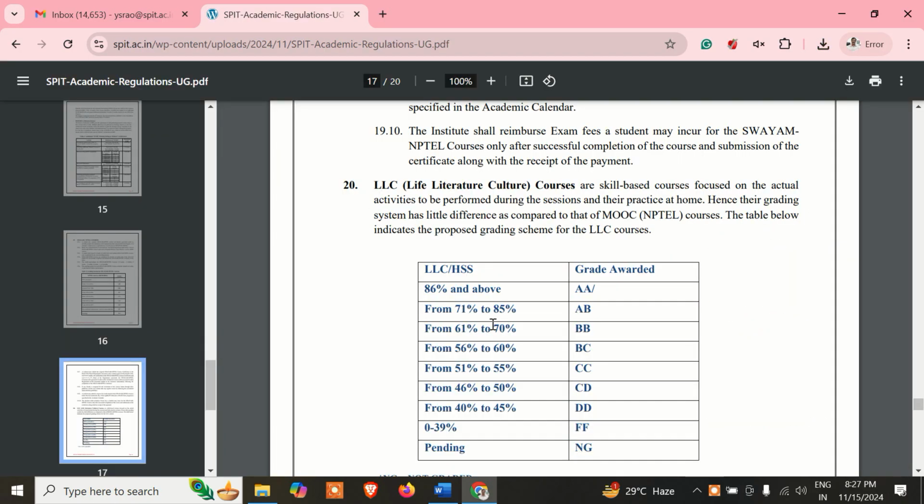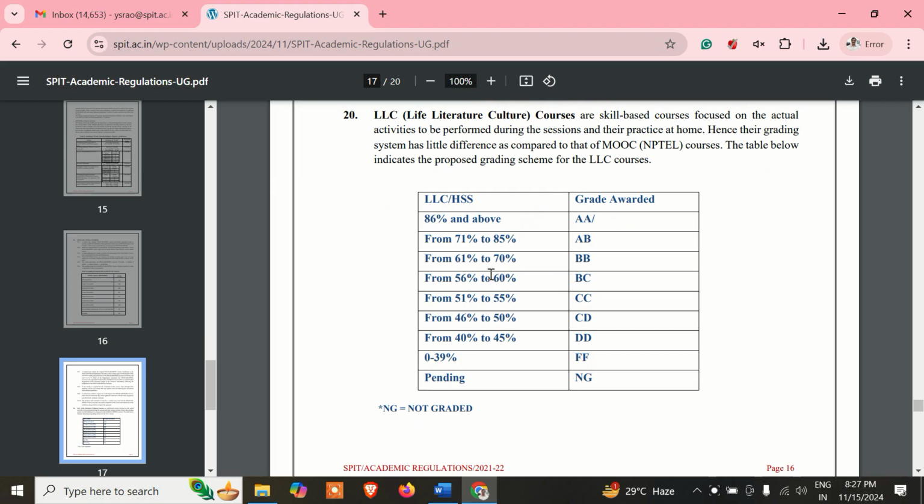The grading for liberal learning courses: what is the percentage achieved, and convert it into its equivalent grade. Liberal learning courses are generally non-paper based, activity based learning, so the grading may be slightly different. Under the revised rules and regulations, the liberal learning courses are not considered while calculating the CGPA.